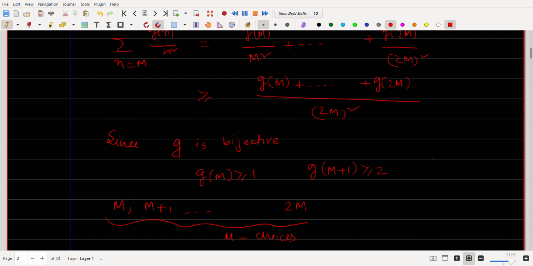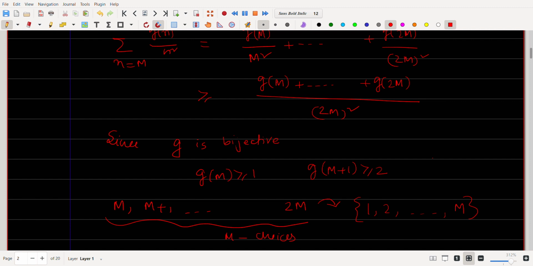Now you need to assign the values of G on these. Now G is bijective, right? That means if you want to assign the values, the smallest set of values it can take must be starting from 1 up to M. It can happen that G of M plus 2 is 1 and G of M is 3.